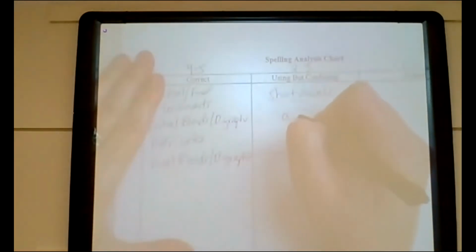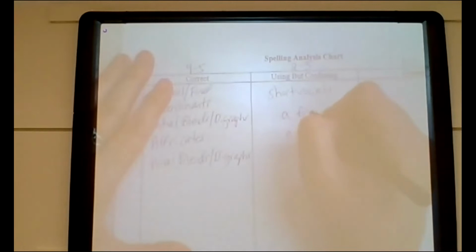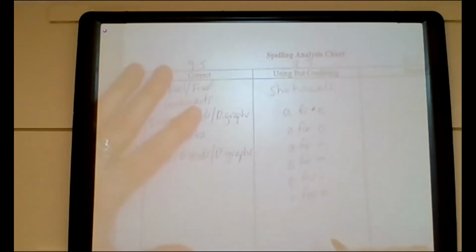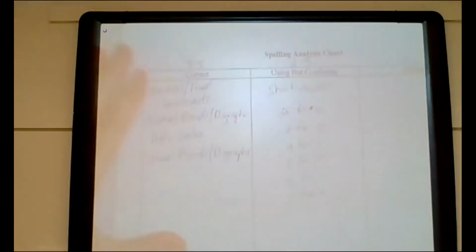He had A for E. He had A for O. We have A for U, O for U, E for I, I for E. So these are the confusions he's having.